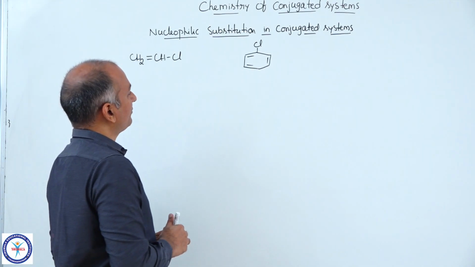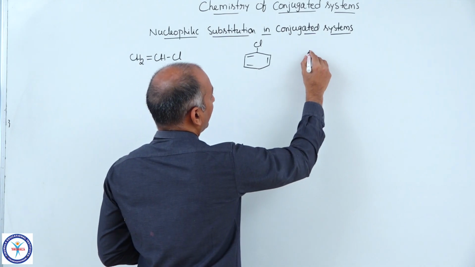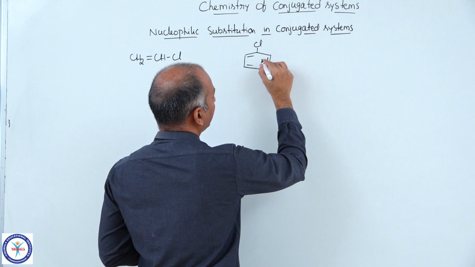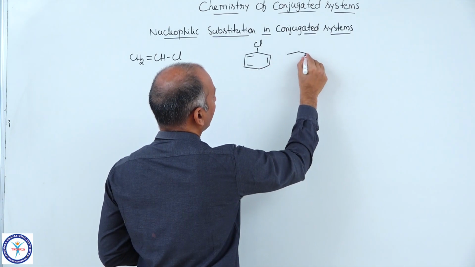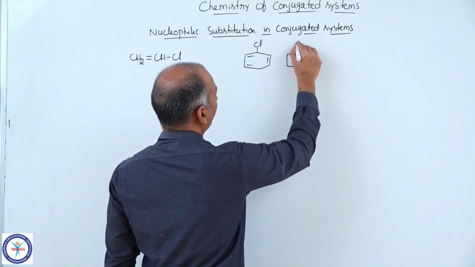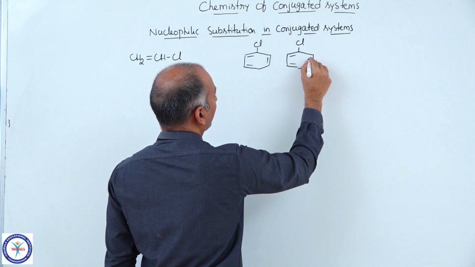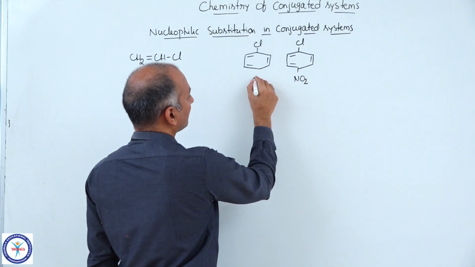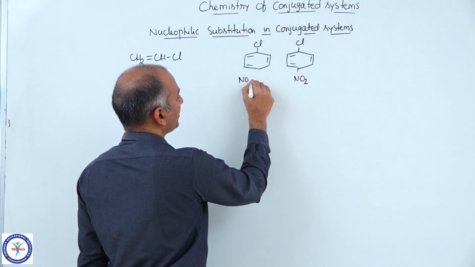But you know, all of you have studied, if you attach an electron withdrawing group to this benzene ring, suppose if you take this compound, para-nitrochlorobenzene, here actually no substitution without it.